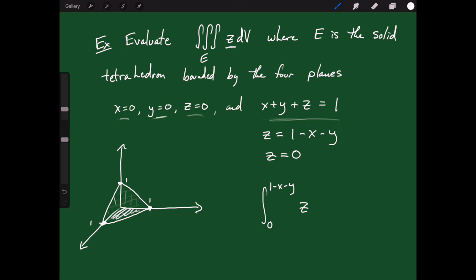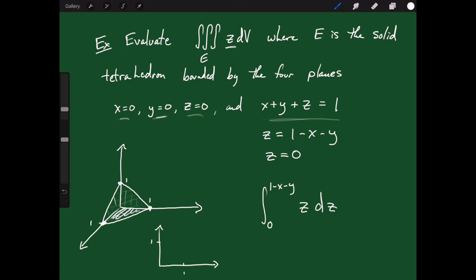And I know that I'm integrating first with respect to z. But I'm not done. Now I have to go and say, okay, what's the region in the xy plane then that I'm integrating over? So let's look at the xy plane for a second. In the xy plane, I have this region.